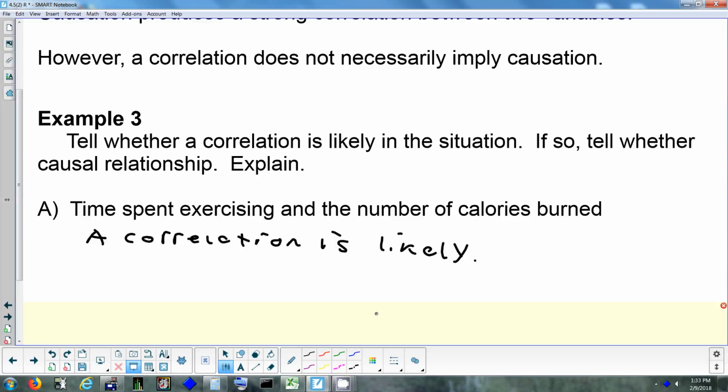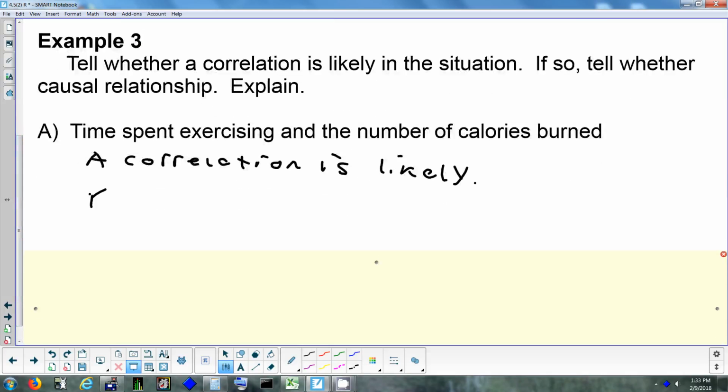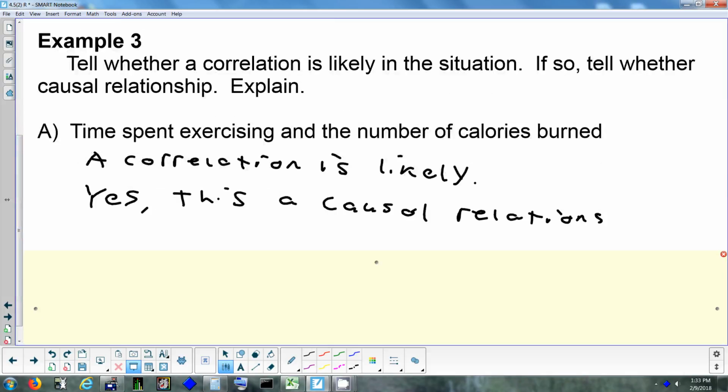Yes. So staying on the treadmill longer at the same speed would cause you to burn more calories. So, is there a causal relationship? Yes. Assuming you don't change the incline or the speed, you are going to burn more calories.